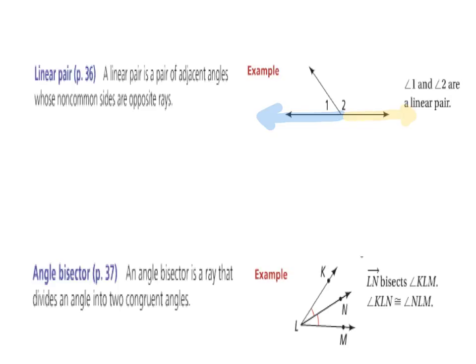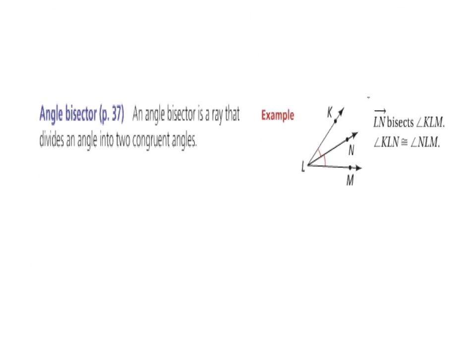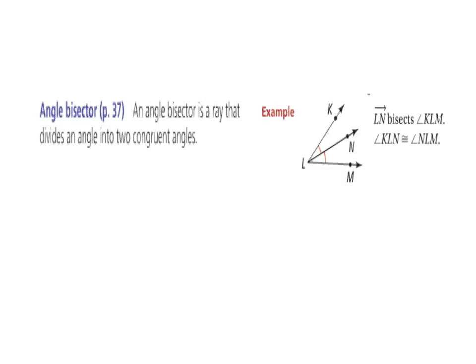Then we get to the angle bisector. An angle bisector is a ray that divides an angle into two congruent angles, no different than a segment bisector. In this picture, ray LN bisects angle KLM.